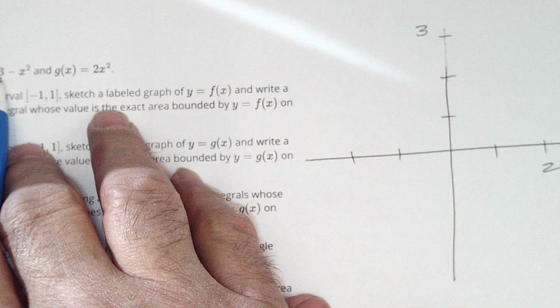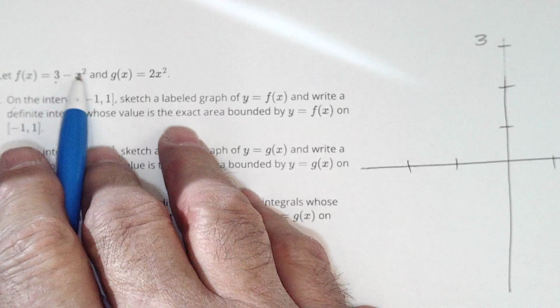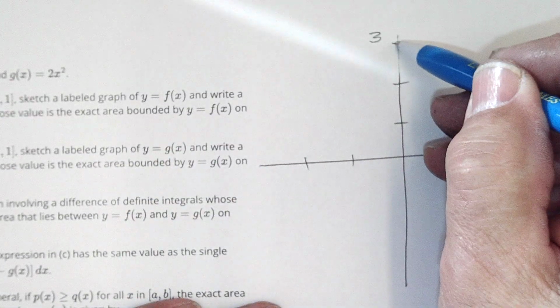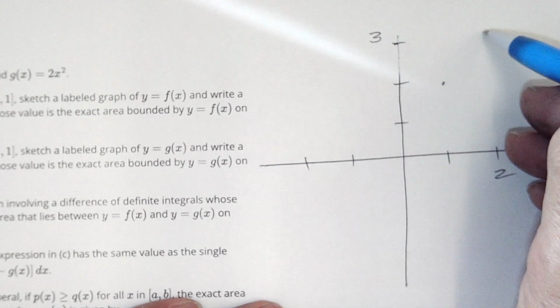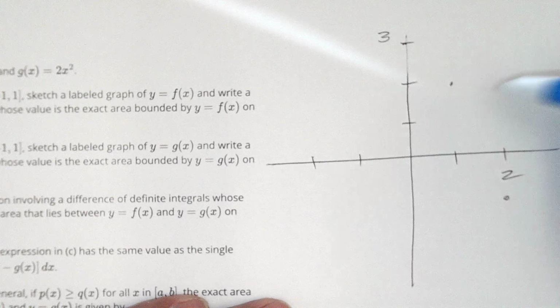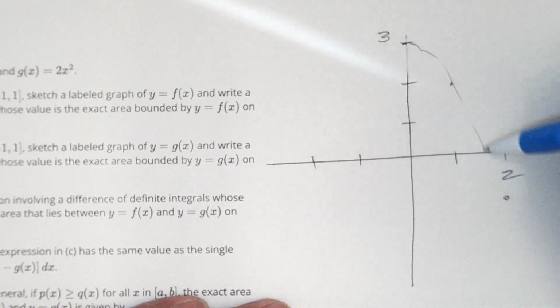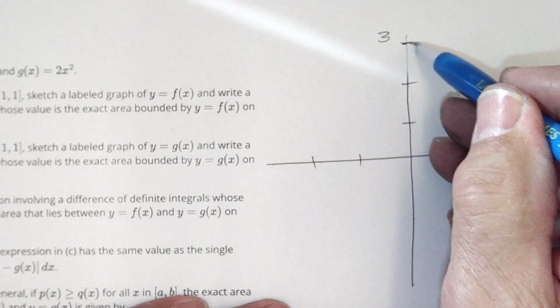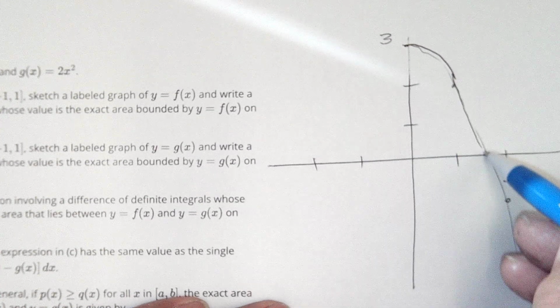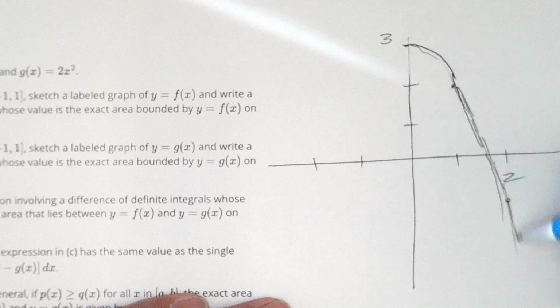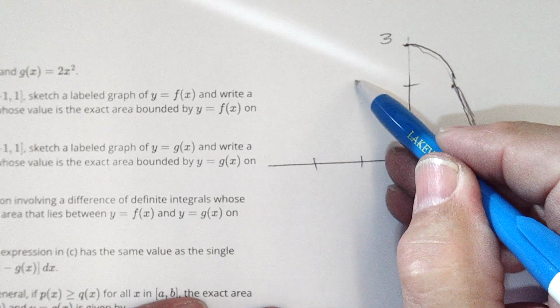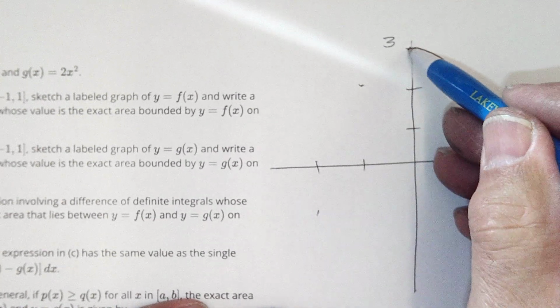We have a parabola that's up 3 and upside down. So if I move over 1, it goes down 1. If I move over 2, it goes down 4. Looks something like this. Not doing a very good job of sketching it. And same on this side, there and there.